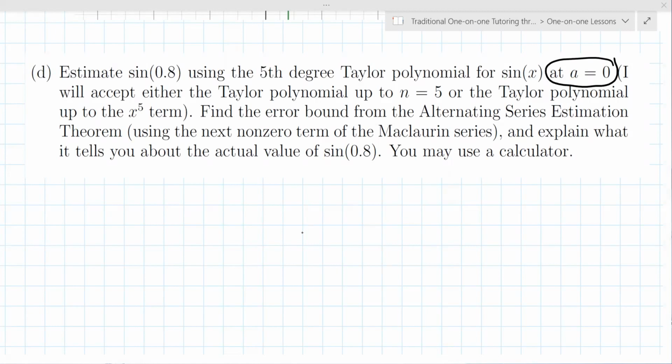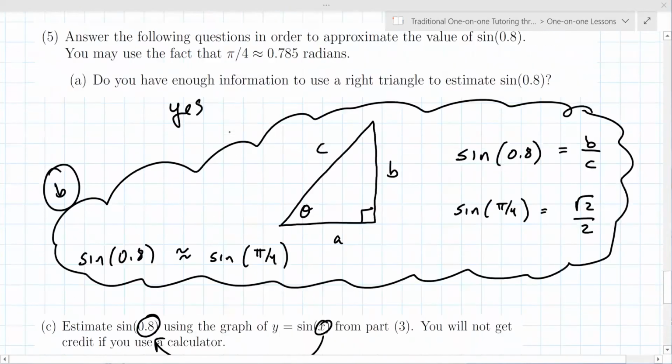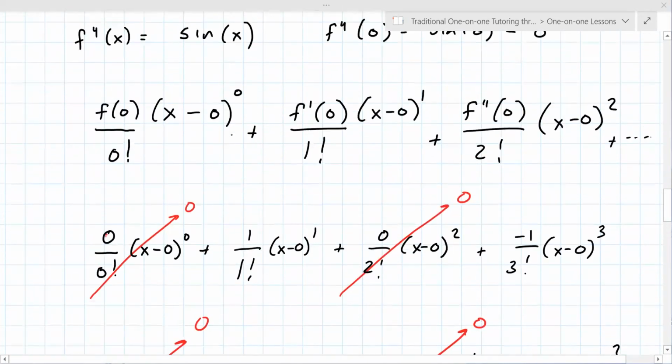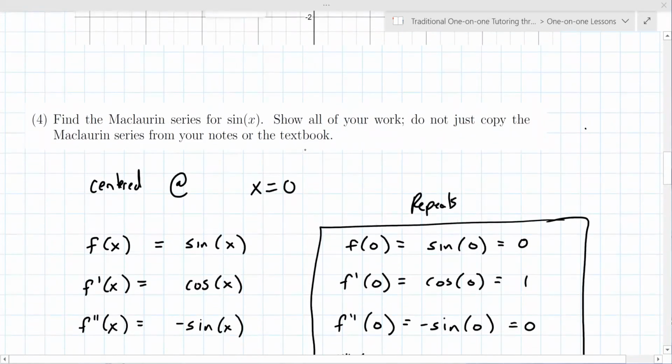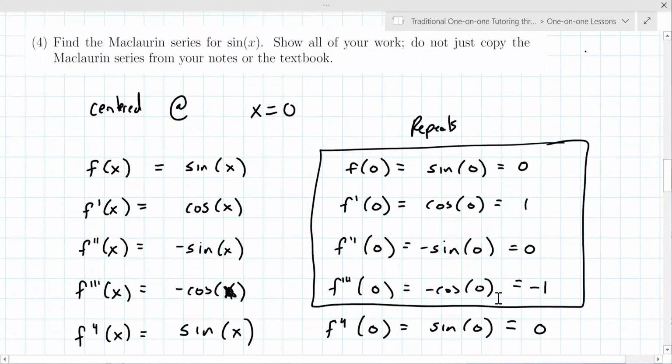Unless, wait a second, maybe the instructor meant to just use a generic center of A. And if that's true, all of the zeros go to A's, except for the ones on the right here. Well, no, that's not true either.